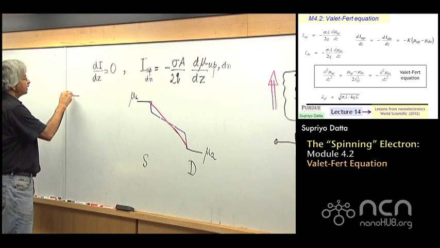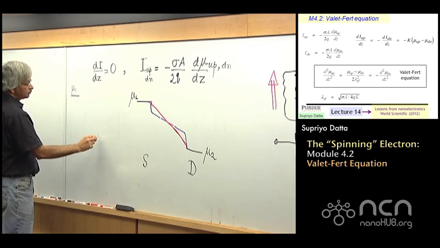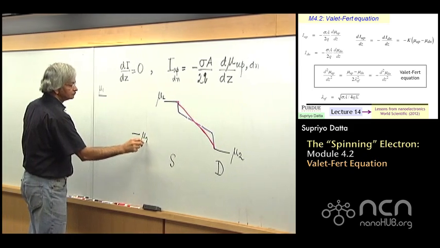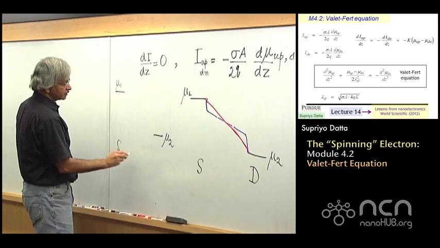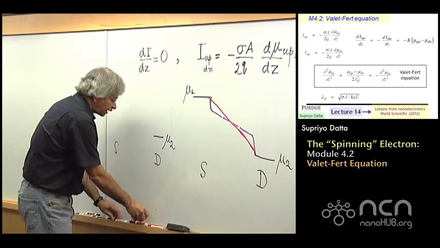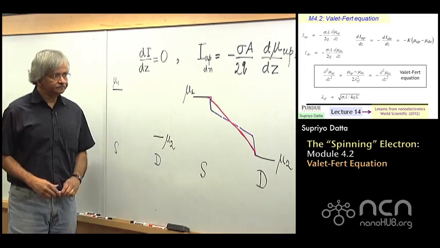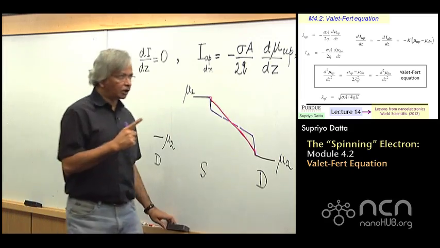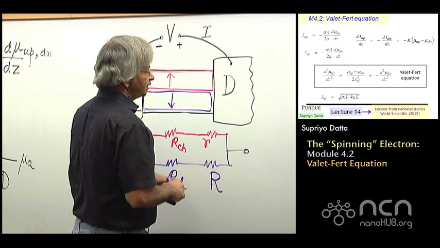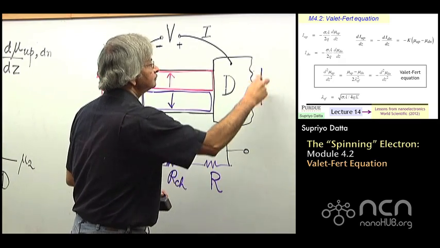You see, you have a mu1 here, mu2 there. This is the source end, that's the drain end. And when you look at the red channel, now we are talking about the anti-parallel configuration.